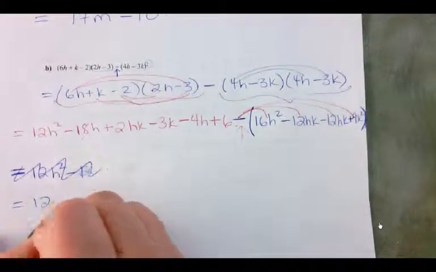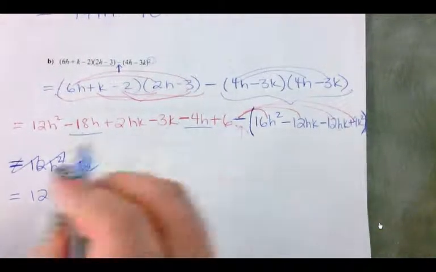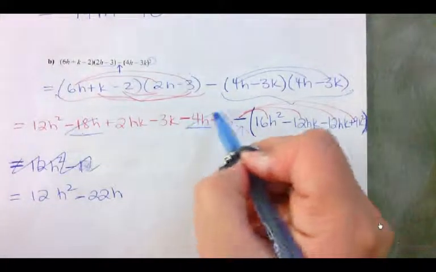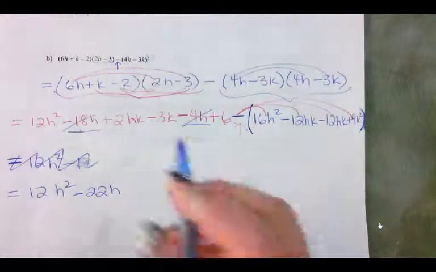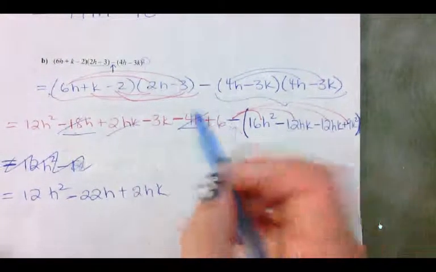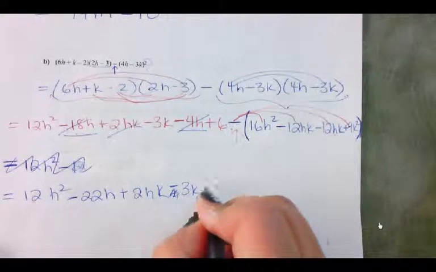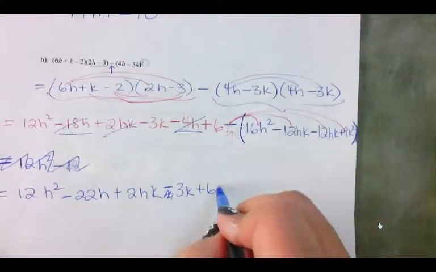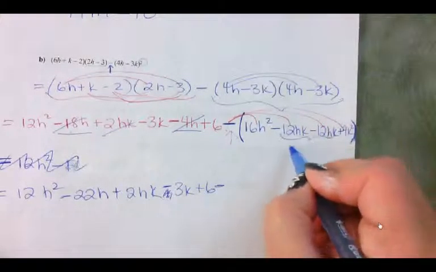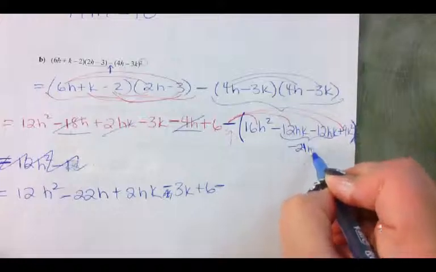Okay, 12h squared. And then this and this gives me minus 22h. Okay, dealt with those. Now, plus 2hk. Minus 3k plus 6, and then minus, can I combine these two so that it's minus 24hk?